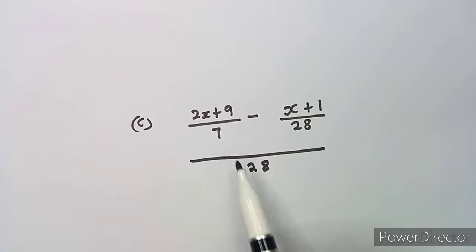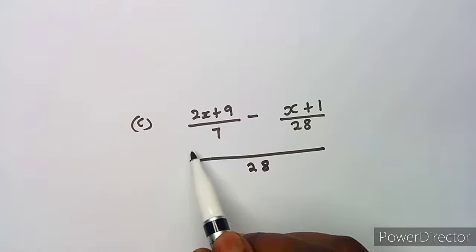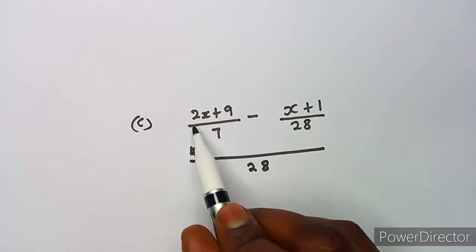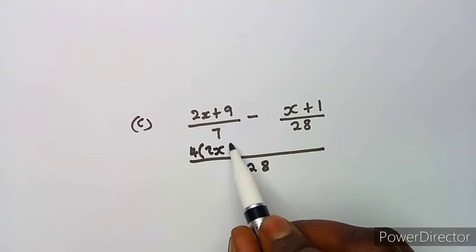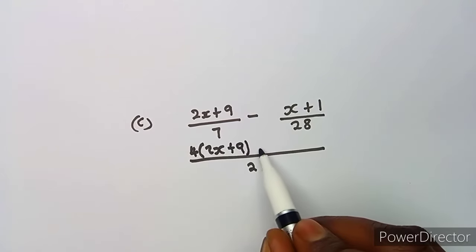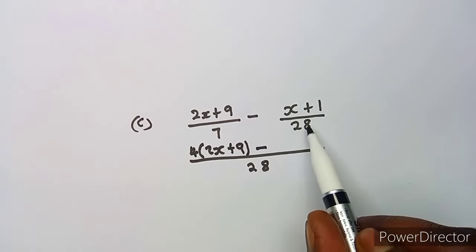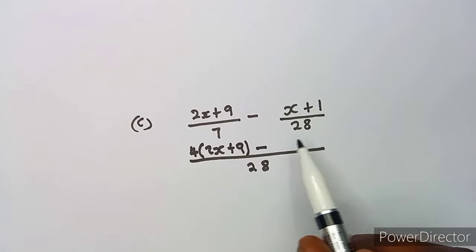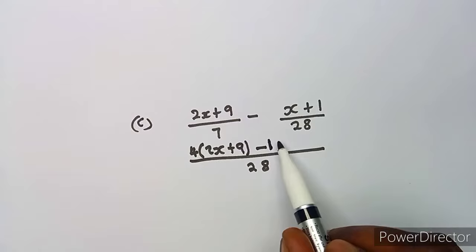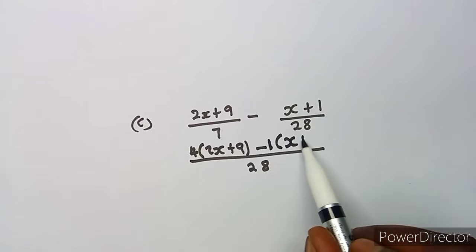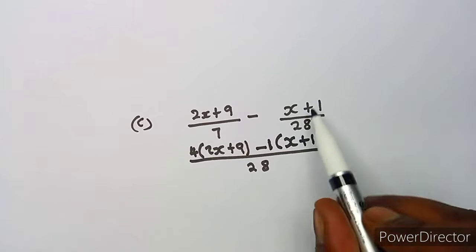So you can divide 28 divided by 7, which is going to give us 4, and this 4 is going to multiply everything here, which is 2x plus 9, minus 28 divided by 28, which is going to give us 1. But take note, there is a minus, so it's going to be minus 1 multiplying everything in the numerator.